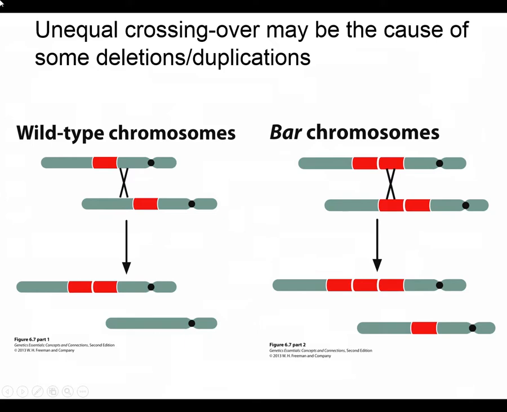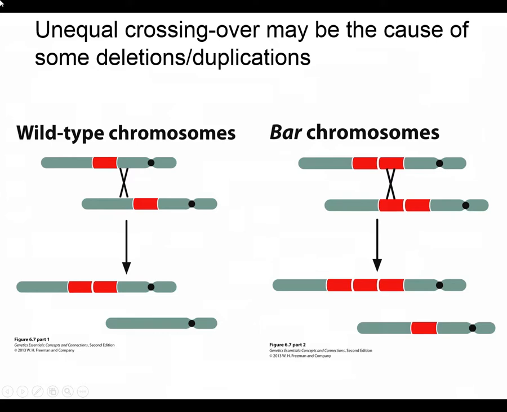So that's a deletion and a duplication simultaneously. And then these chromosomes will be passed to the gametes. So you have an individual who gets two copies of BAR from the mother's chromosome and one copy of BAR from the father, then you immediately have a fly that has a narrow eye.